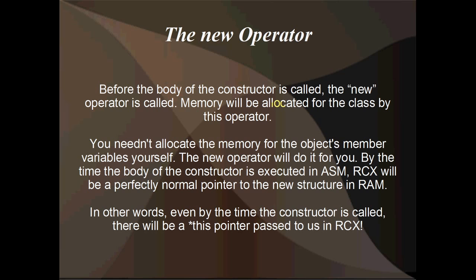It's already going to have allocated enough memory on the heap for the structure, all of the member variables. So we needn't allocate that ourselves, and by the time the body of our constructor is run, we'll already have a pointer to that memory in RCX, the this pointer.